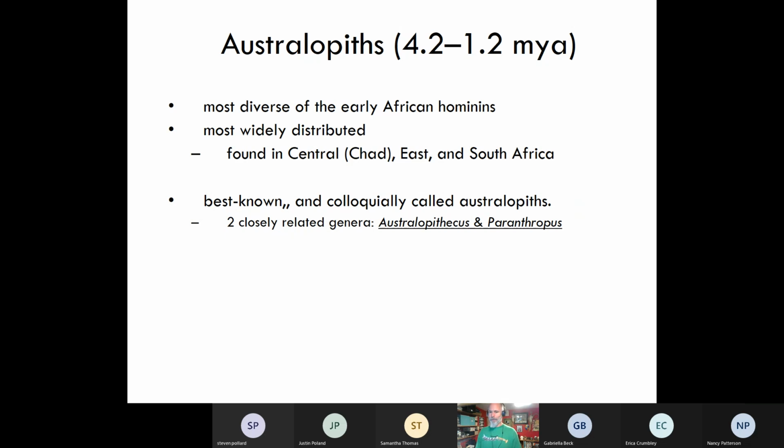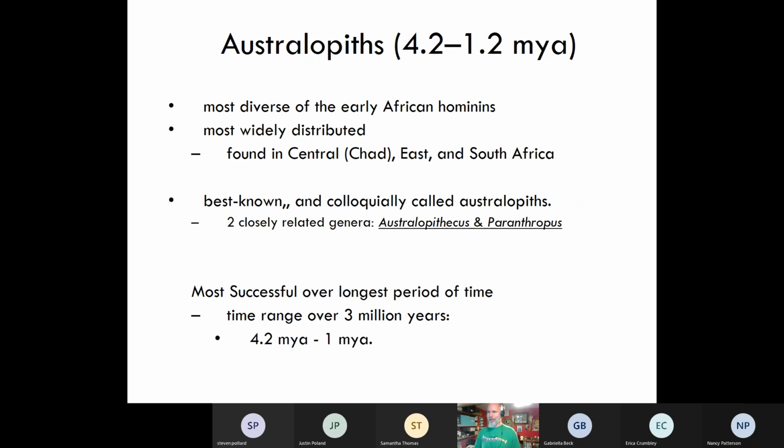So really, we probably don't need to rush to judge Australopithecus. Hopefully we can survive that long as well. We are, like I said, the most successful genus and species, at least that we know of in the fossil record.